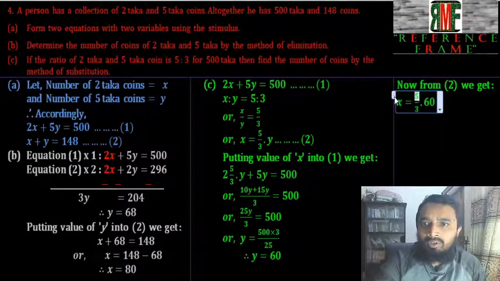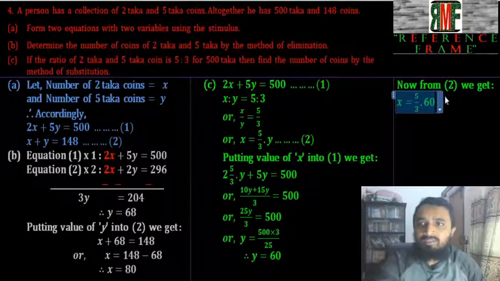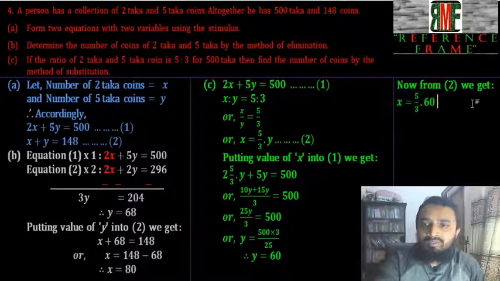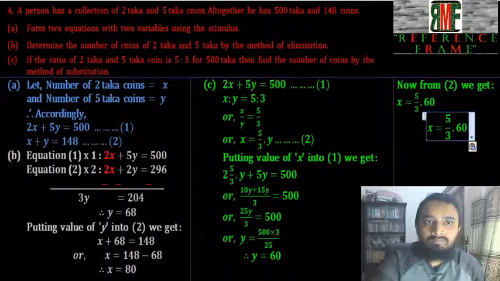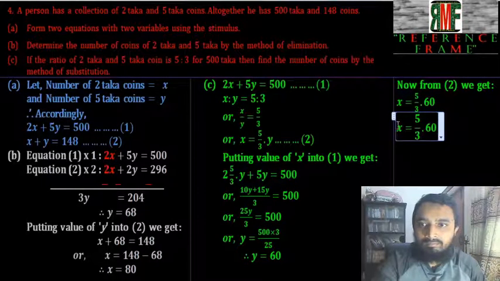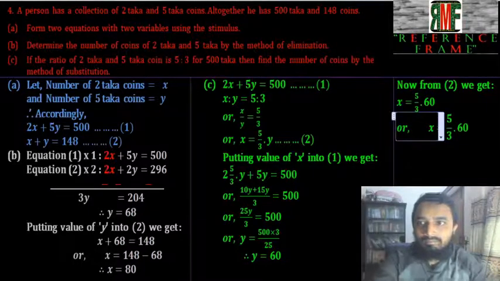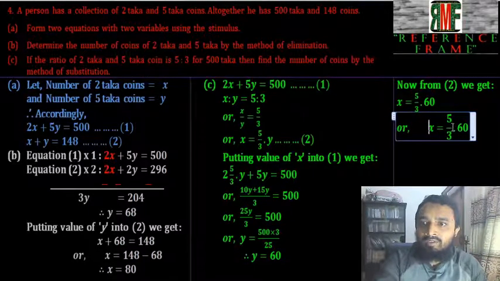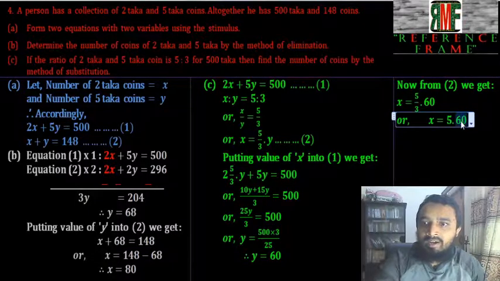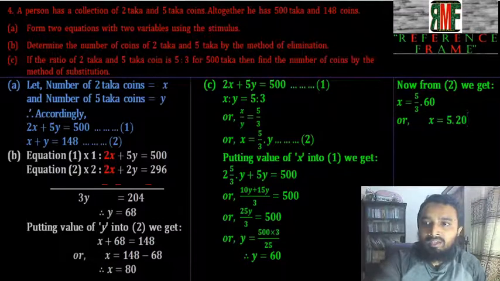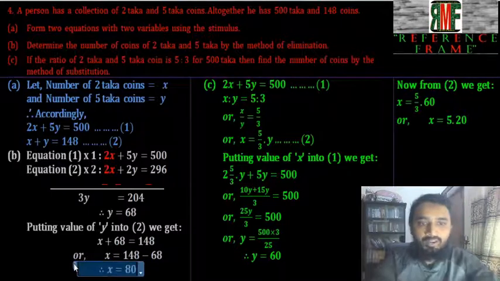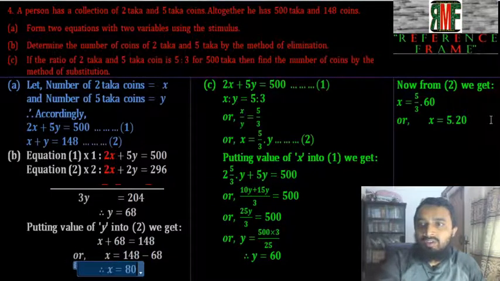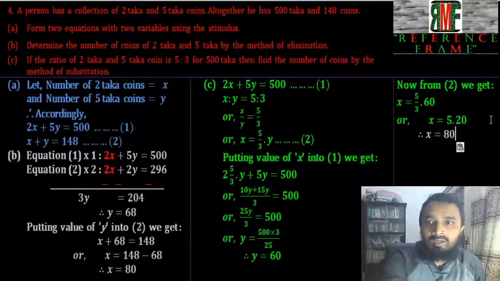So we just need to simplify this one. 60 divided by 3 gives us 20, so it is 5 into 20. Therefore x is going to be 100. That means we have 100 coins of 2 taka.